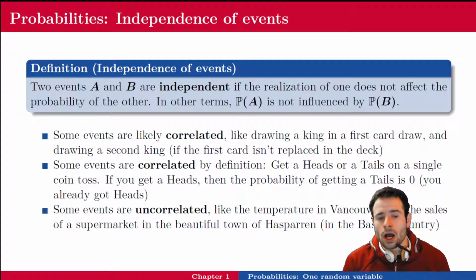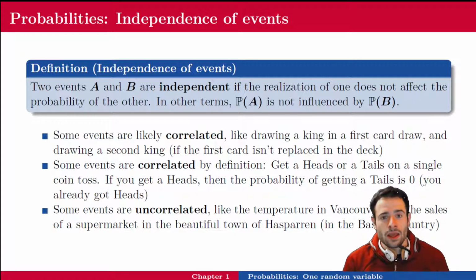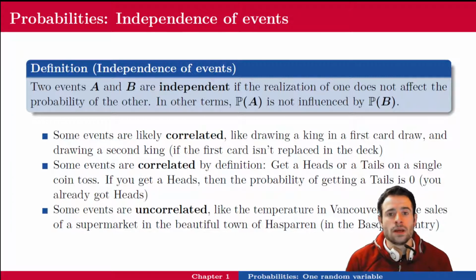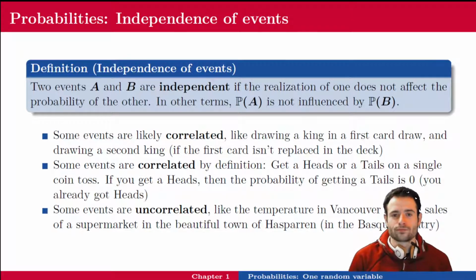Maybe fishermen will have more trouble to fish so there'll be less salmon that day, and the price of salmon at Safeway in Burnaby might be higher because of that. So there are some events that maybe look uncorrelated, but sometimes there could be a third event in the middle that might be a link between the two.